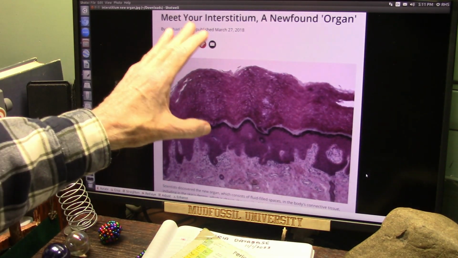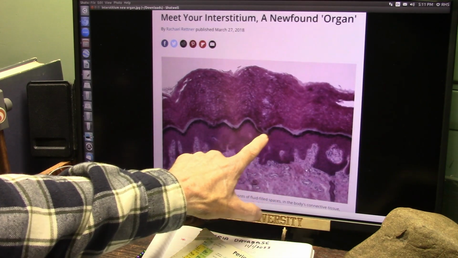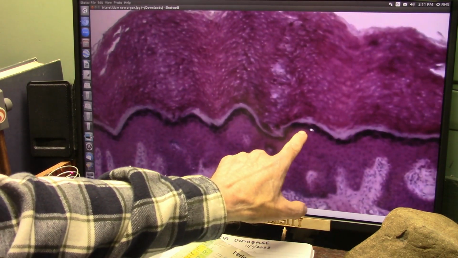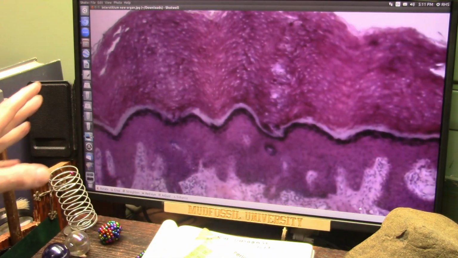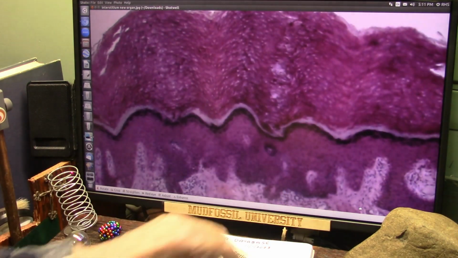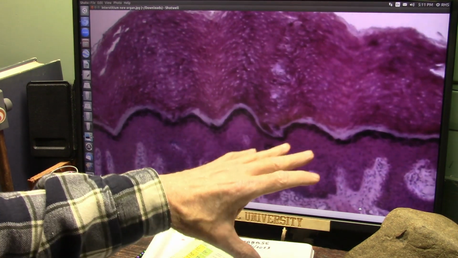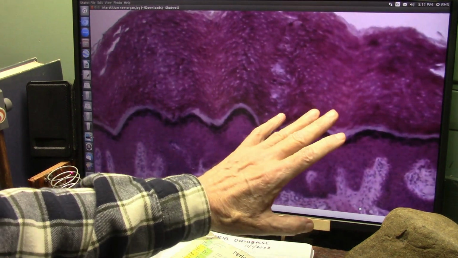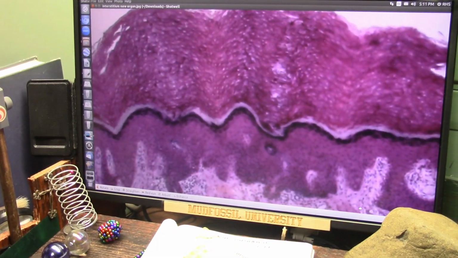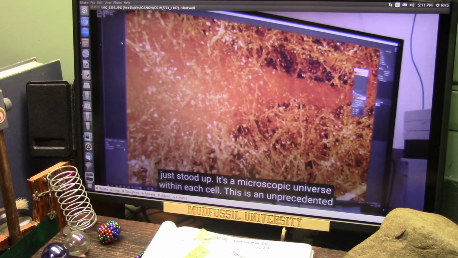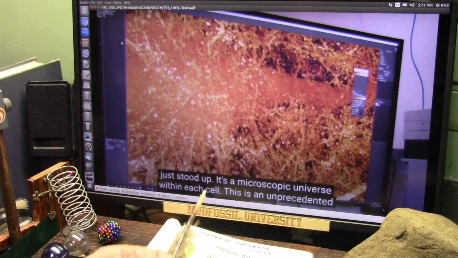Okay, so don't forget, this is the new organ, and this is the thing that they just discovered, really this area right through here. And what does this look like if you were to actually see the actual tissue? Well, that is the actual tissue, but if you could see it in a living creature versus a slide like this. All right, this is very recent, and this is from UC Berkeley, I believe.